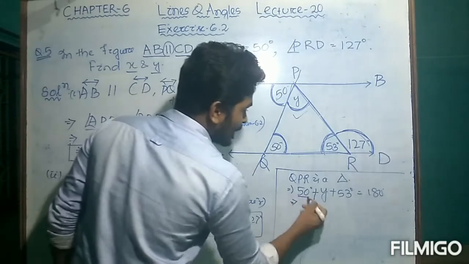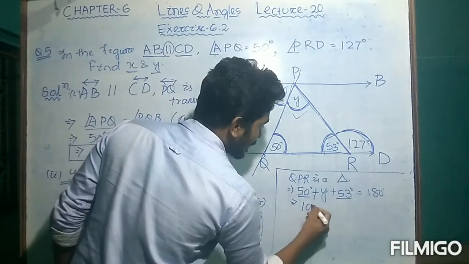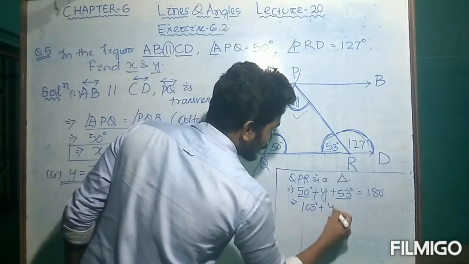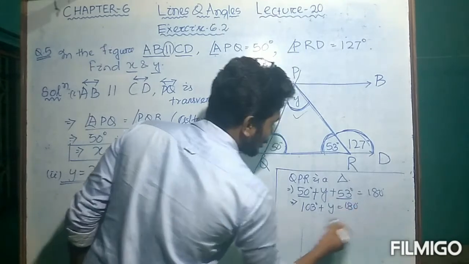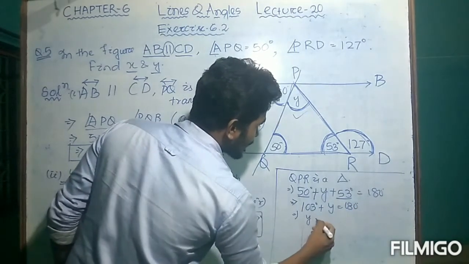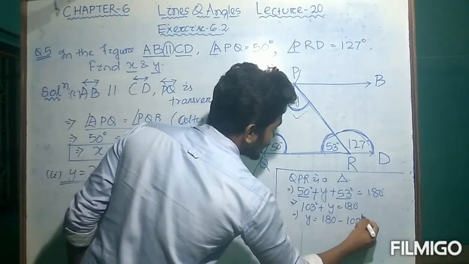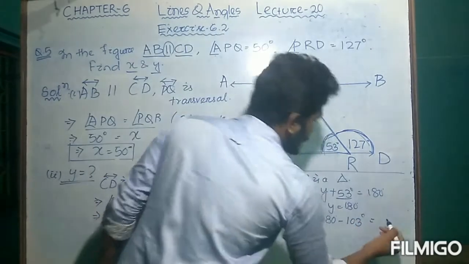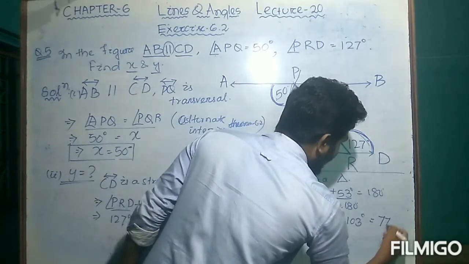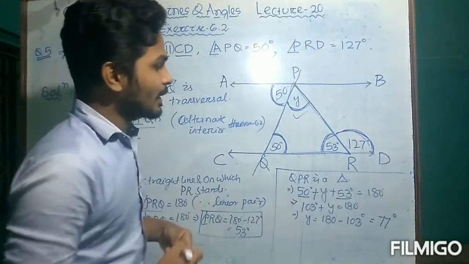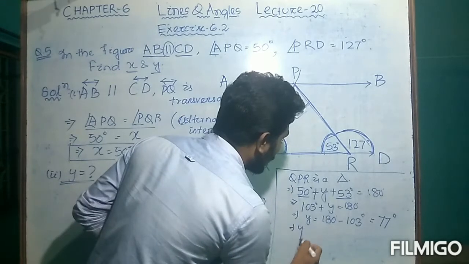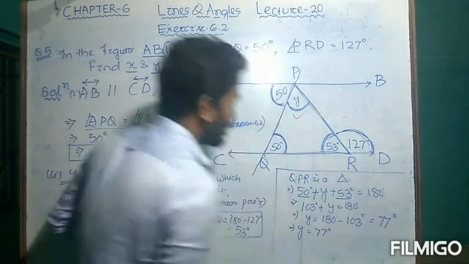Next, 50 plus 53 is 103, plus y is equal to 180 degrees. So y is equal to 180 degrees minus 103 degrees, which is 77 degrees. Hence we find the value of y to be 77 degrees.